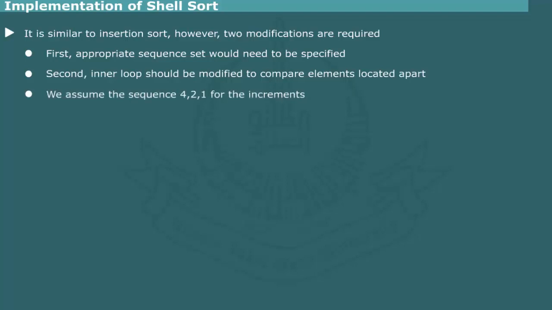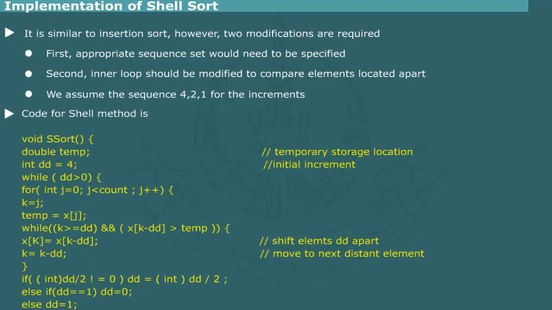We assume the sequence 4, 2, 1 for the increments. Starting with initial value 4, the increment would be reduced by half after the first cycle and set to 1 in the last cycle. Please click button to run interactive program for shell sort.